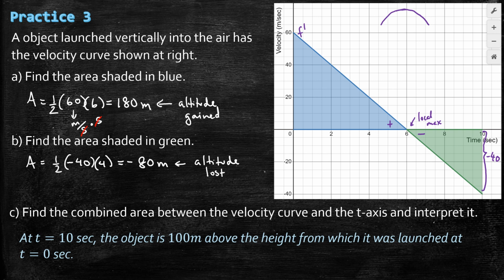So while it is correct to say that the object traveled 180 meters up vertically and then back down 80 meters, the area under the curve, taking into account the positive and what we assign to be the negative regions, is the net change in height, and that is 100 meters.